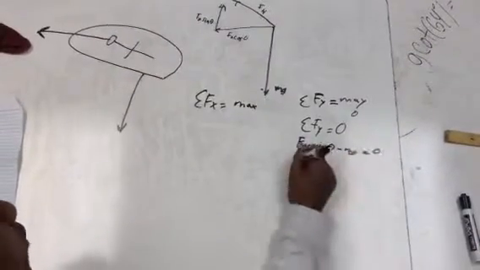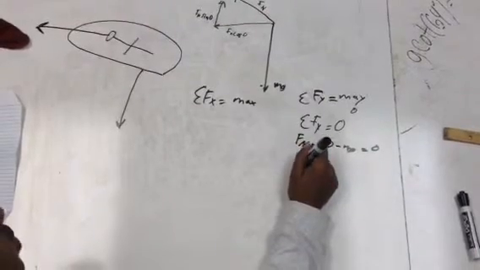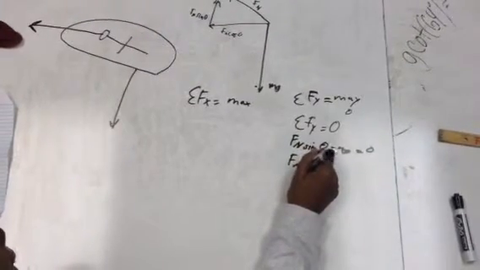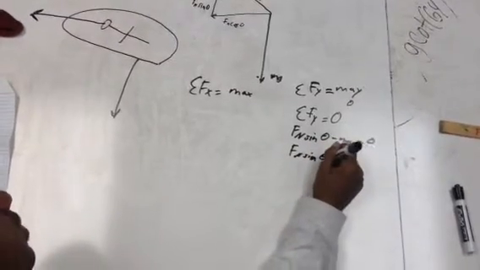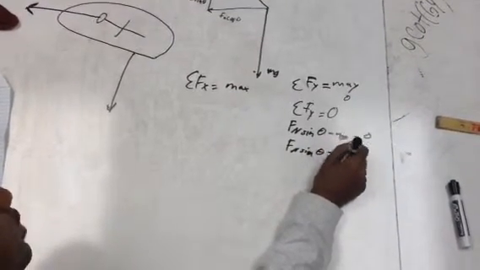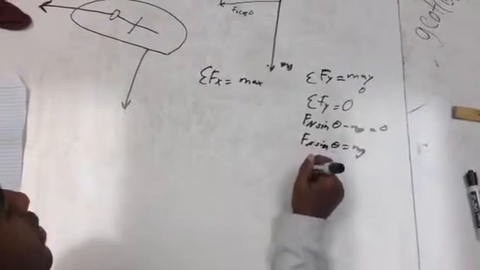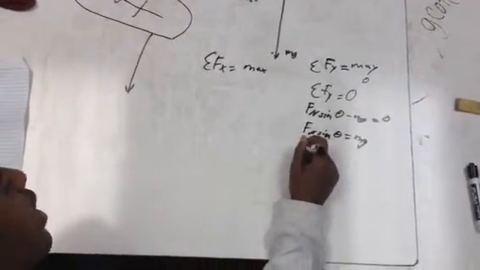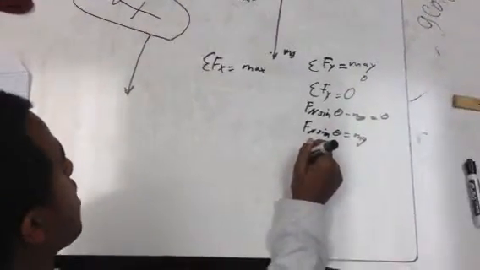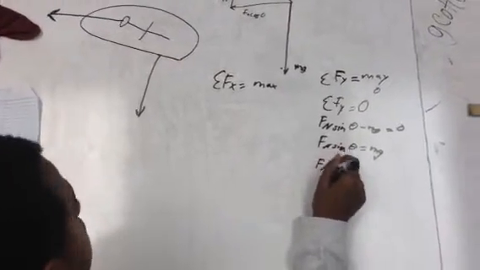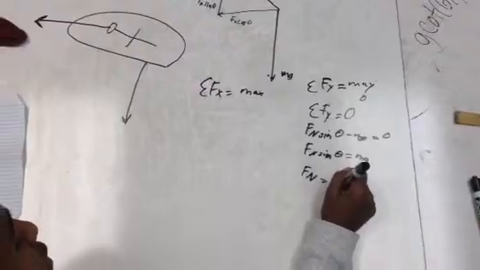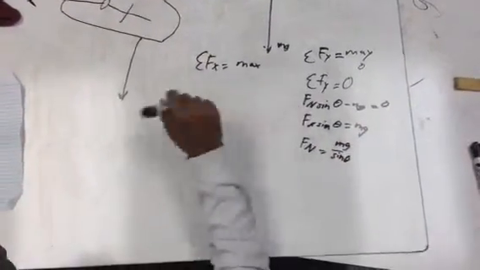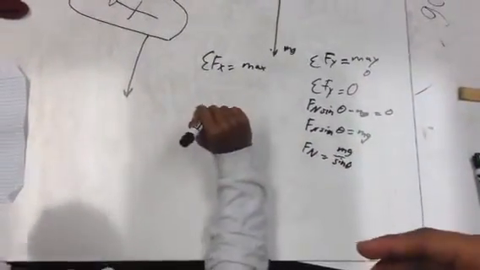We can move the mg over, so we'll have force normal times sine of theta equals mg. And then just to get the normal force by itself, we can set Fn equal to mg over sine of theta.